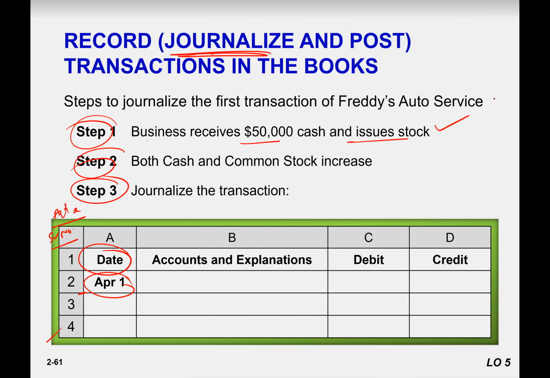For this transaction, recall your knowledge or practice of the accounting equation: assets equal liabilities plus owner's equity. The business receives cash, so it will hit the cash account, and issues stock, so it will hit the owner's equity or stockholder equity, right? So we specified 2 accounts here, cash and owner's equity.